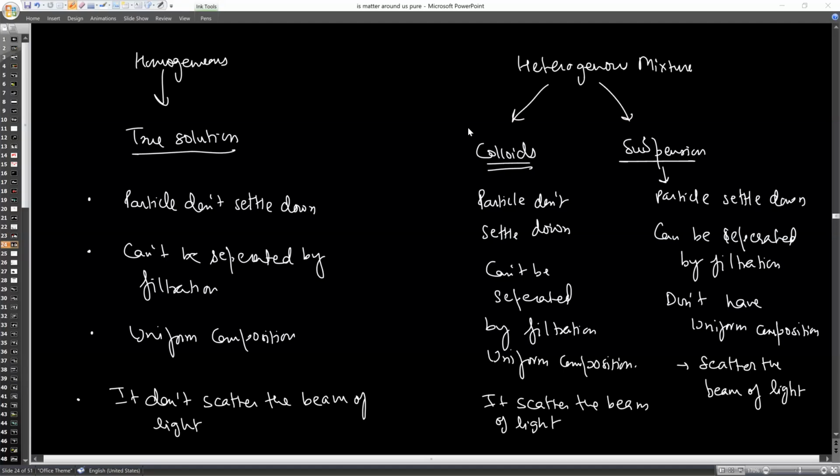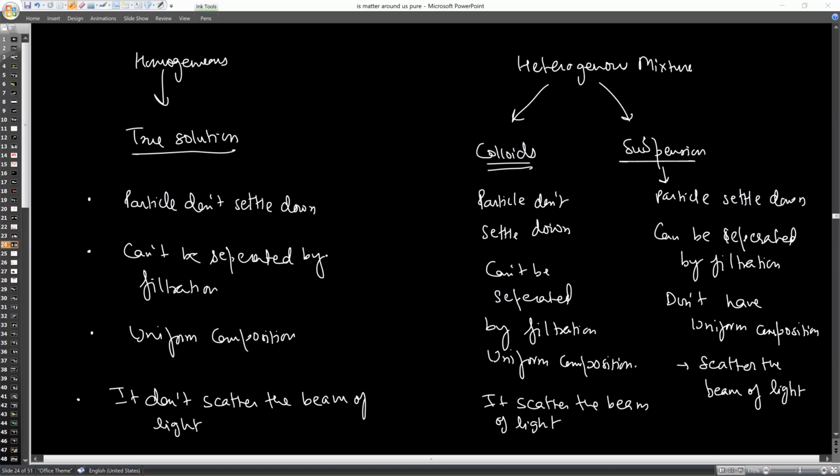So what is it saying here? In a true solution, particles do not settle down. In a suspension, the particles settle down and can be separated. Colloids can't be separated and don't have uniform composition.